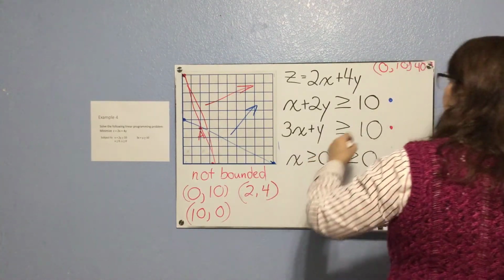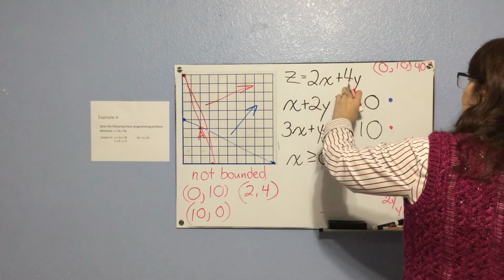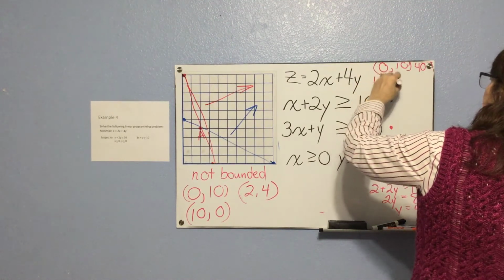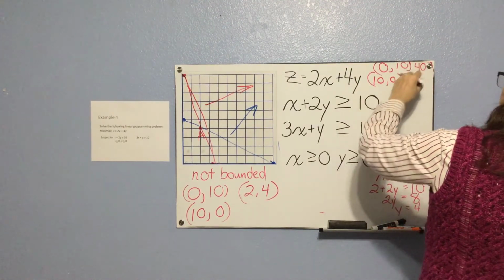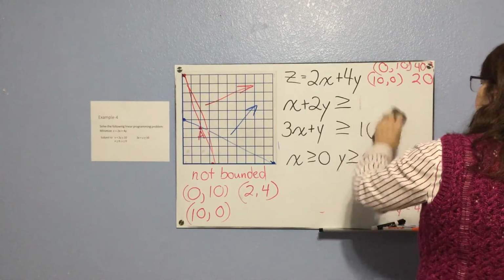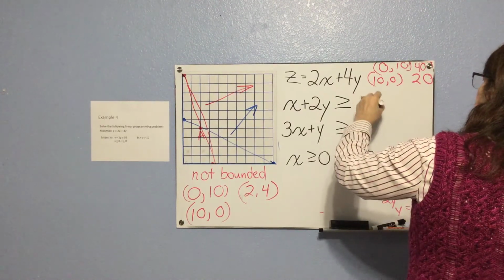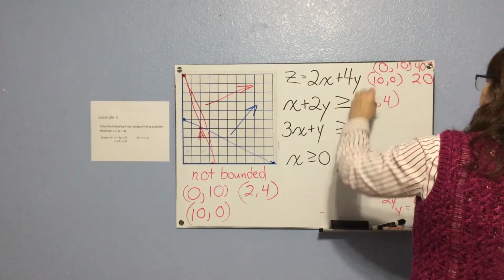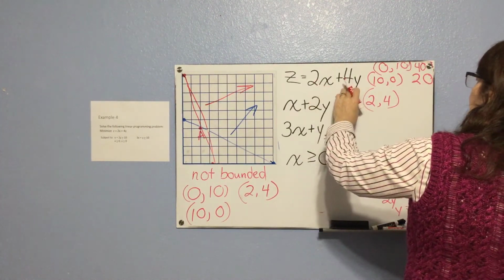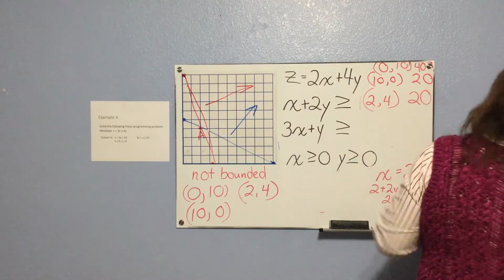For 10, 0, I'm going to have 2 times 10 is 20, plus 4 times 0. So for 10, 0, I have a value of 20. And now let's see what we get for 2, 4. 2 times 2 is 4, and 4 times 4 is 16, so this is also 20.